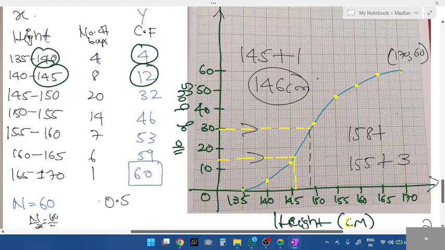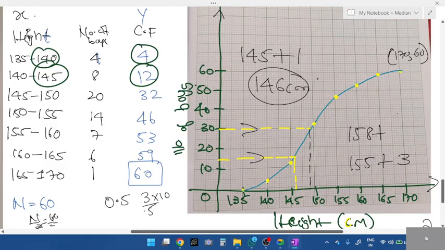If one line is 0.5, we need to mark three values. So this will be, just a minute. This is how we have to mark.